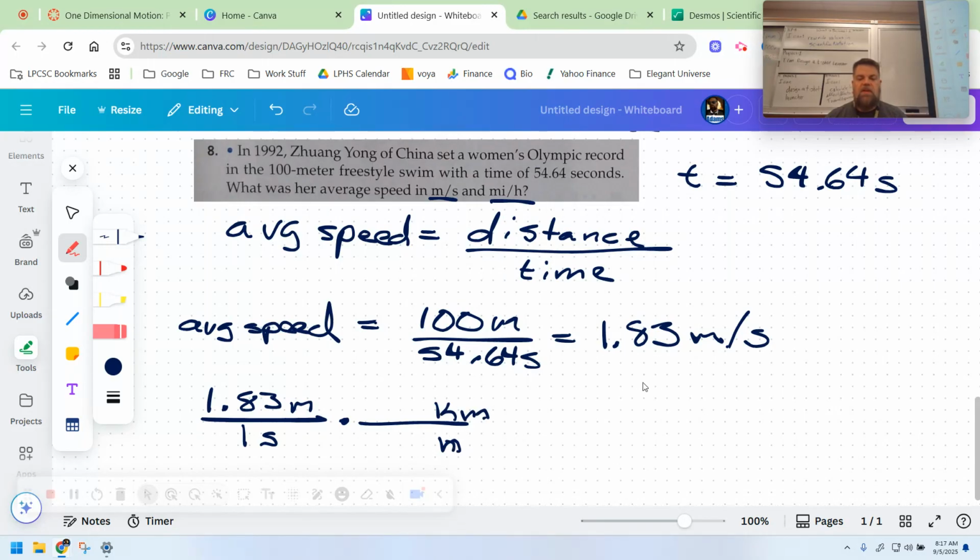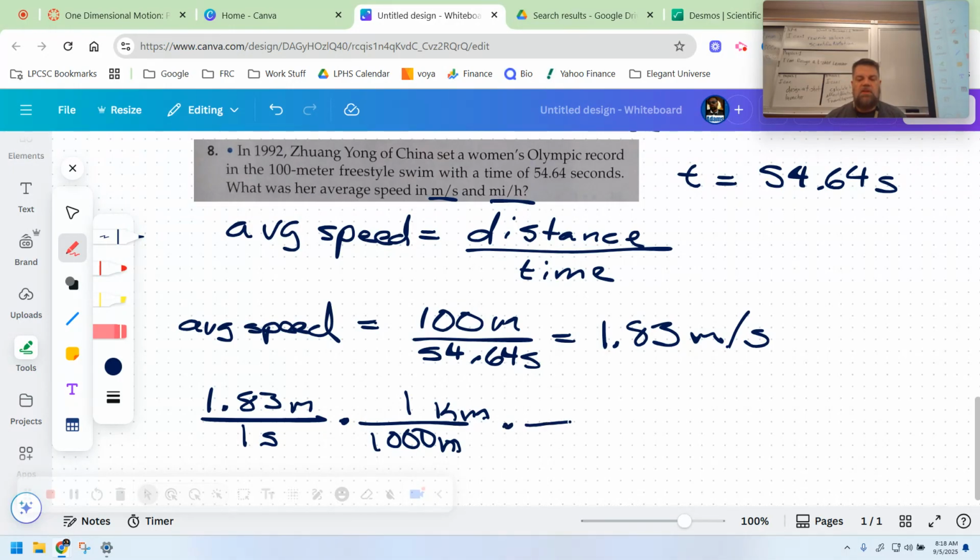Now, how many meters are in a kilometer? That's in your notes, in your notebook. Yes? Would it be like 1,000? Yeah, very good. So there's 1,000 meters in 1 kilometer.